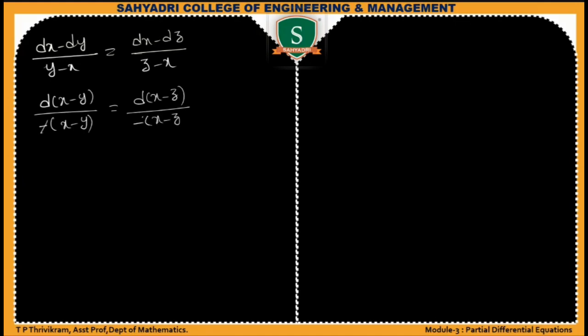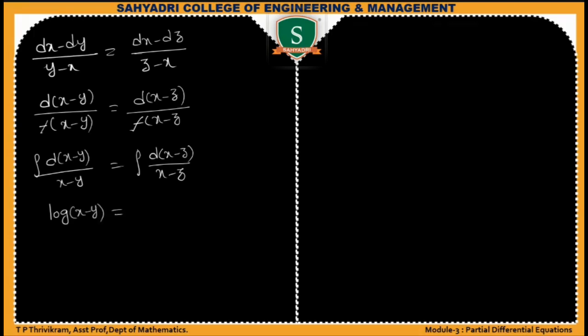So this minus and this minus get cancelled. Apply integration. Integral d of (x minus y) divided by (x minus y) is equal to integral d of (x minus z) divided by (x minus z). So integration on both sides, what happens? Integration of 1 by x is log x. So log of (x minus y) is equal to log of (x minus z) plus log c2.